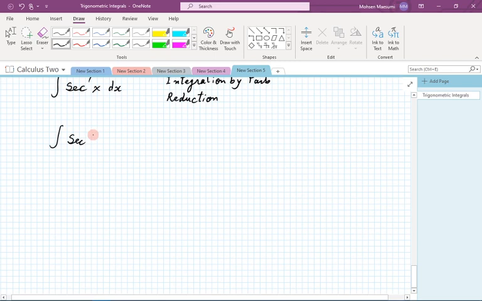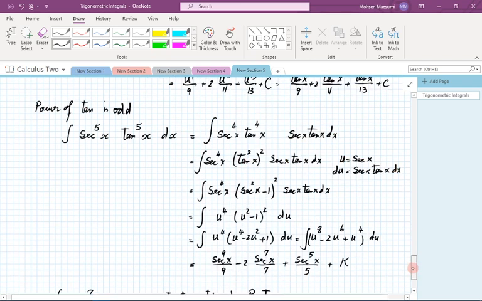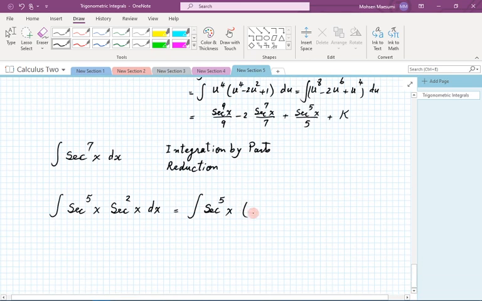So I'm going to write this thing as secant to power of 5 of x, then secant square of x dx. So I'm going to separate that. Then I can write this thing as secant to power of 5 of x, and instead of secant squared, which was 1 plus tan squared, I write it as 1 plus tan square of x dx.